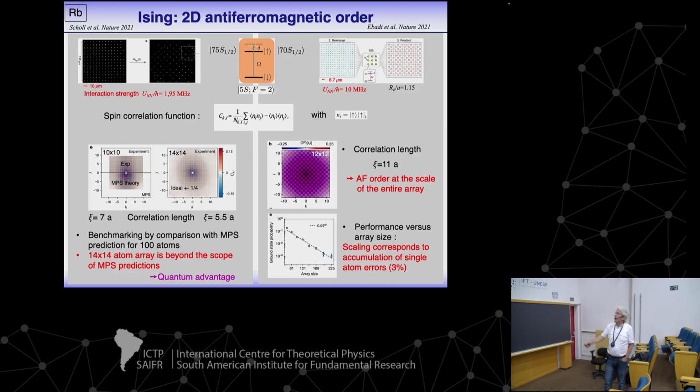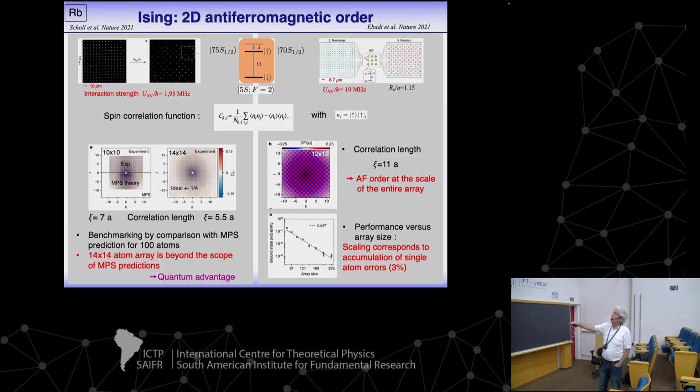So in the case of the experiment performed in Institut d'Optique, indeed, they made a very precise comparison between the experiment as it is and a theoretical model based on a matrix product states calculation, including the known imperfections of the experiment.